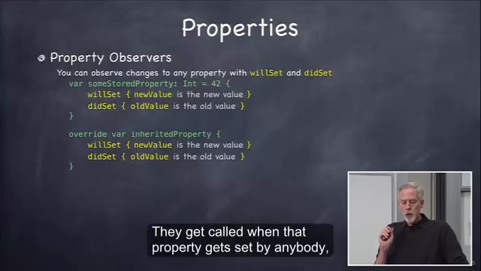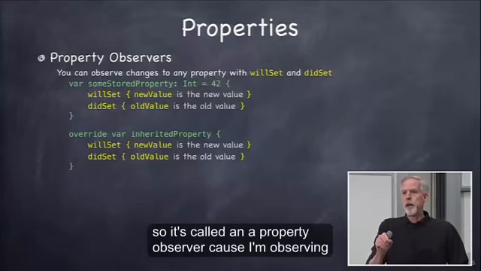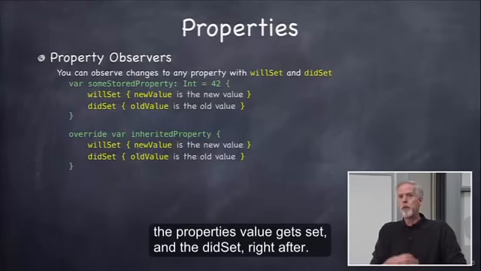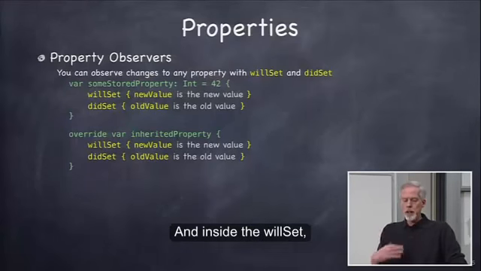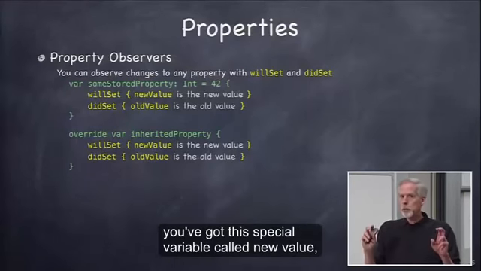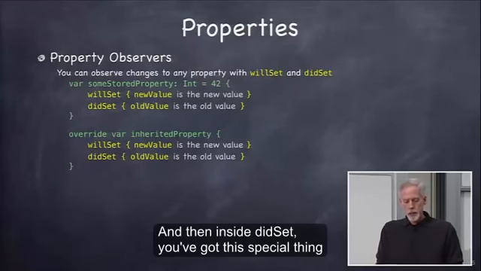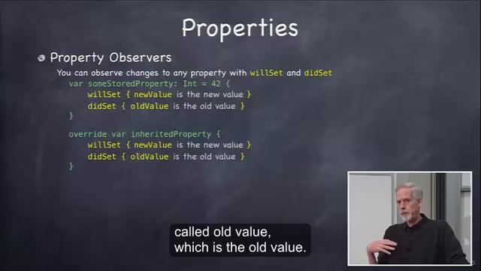They get called when that property gets set by anybody. It's called a property observer because with this code I'm observing that this thing is being set. The willSet is called right before the property's value gets set, and the didSet right after. Inside the willSet, you have this special variable called newValue, which is the new value that's going to be set. And inside didSet, you have this special thing called oldValue, which is the old value.